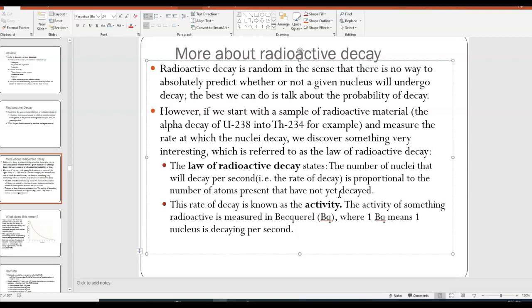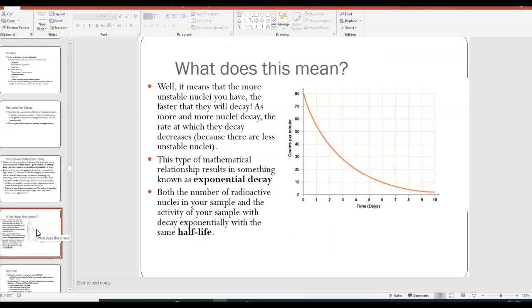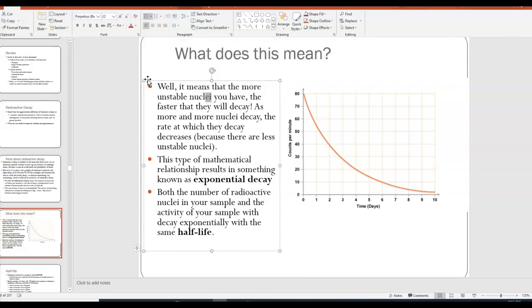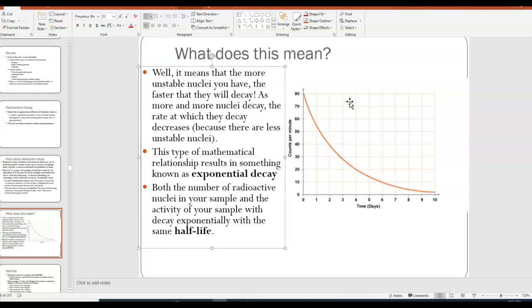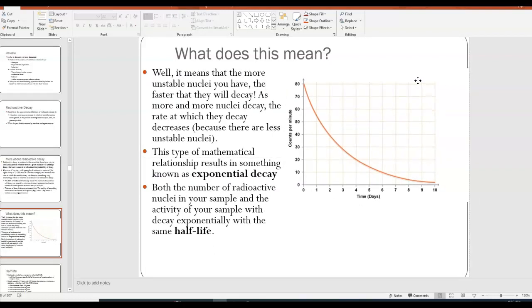Now, what does this mean, that the number of nuclei that will decay per second is proportional to the number of atoms present that have not yet decayed? Well, if you ever go farther in science or math, this type of behavior is very interesting to investigate. It's going to produce something known as exponential decay. I don't want to get too mathy, but that type of relationship is always going to produce exponential decay, which looks something like this.